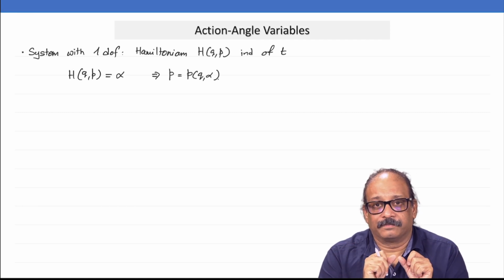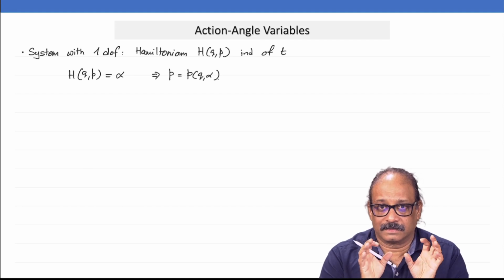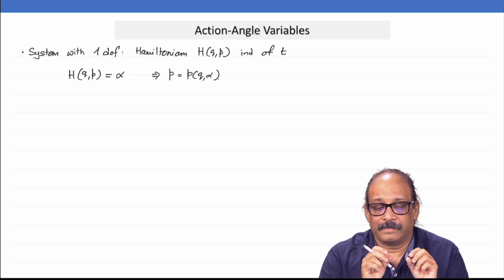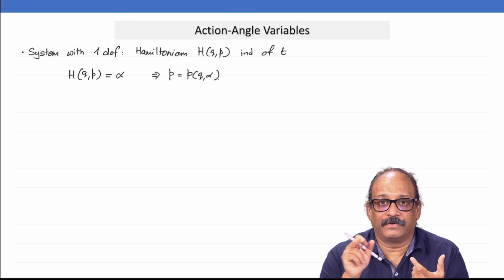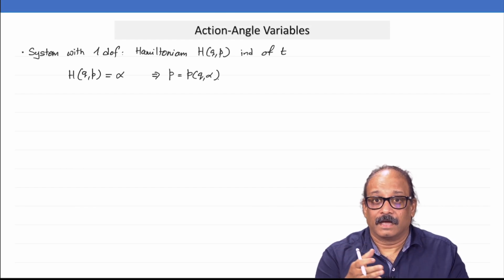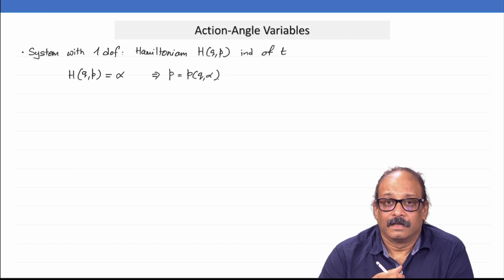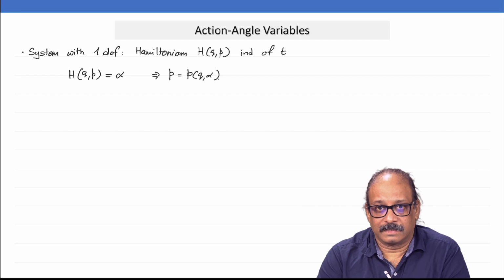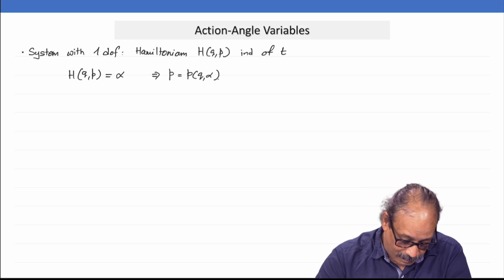If I have a system with n degrees of freedom, and if I can separate the Hamilton-Jacobi equation into separate equations, one for each variable, then I say it is a completely separable system. And this action angle variables method will extend for such systems very easily, but that is later.